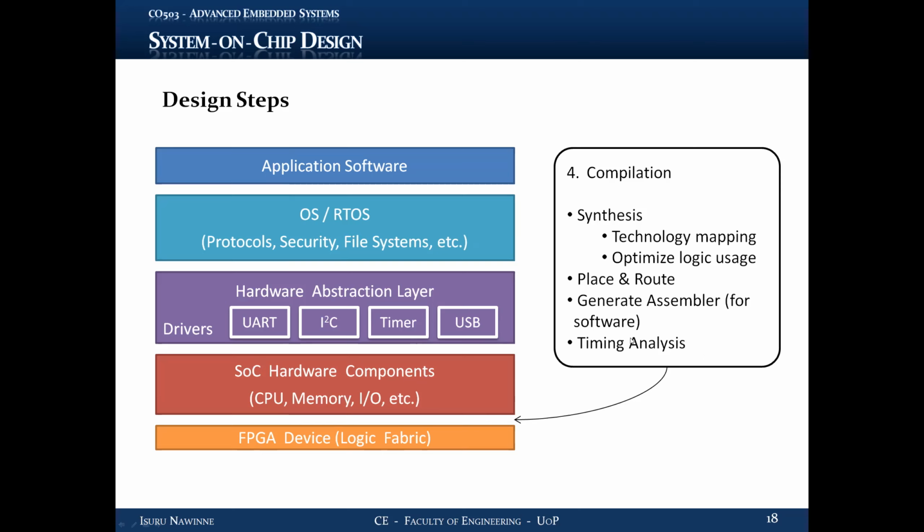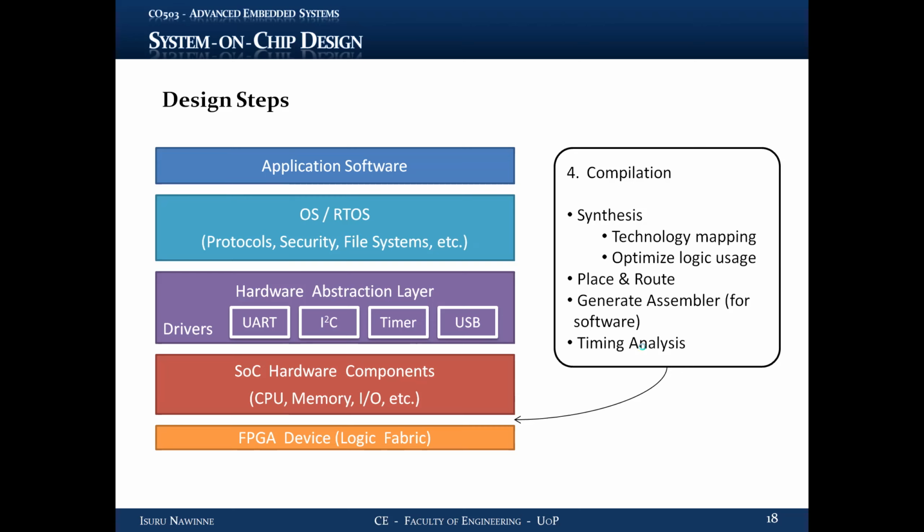Once that is done, you do something called timing analysis to make sure that your hardware design meets the timing requirements. For example, that is where the maximum clock is decided: what is the maximum clock frequency that you can use for this particular system on chip on FPGA?